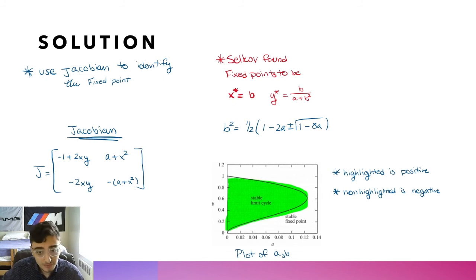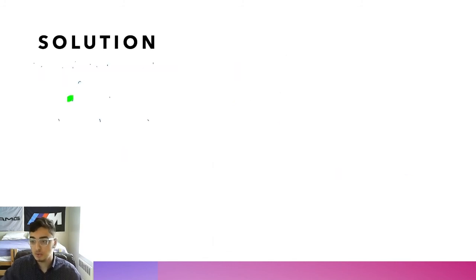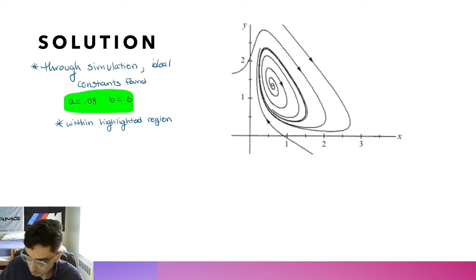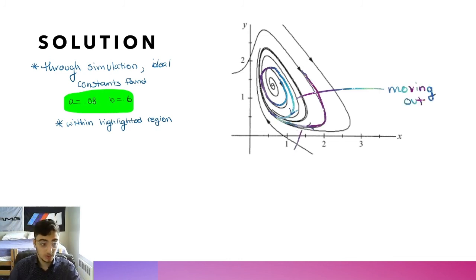Now, in Selkov's case, he ended up using two specific constants, a equals 0.08 and b equals 0.6, which gave him this trajectory plot. Using these two constants, he was able to model what happens during glycolysis and the oscillation that happens during glycolysis.